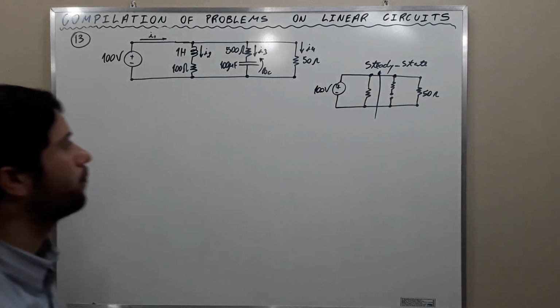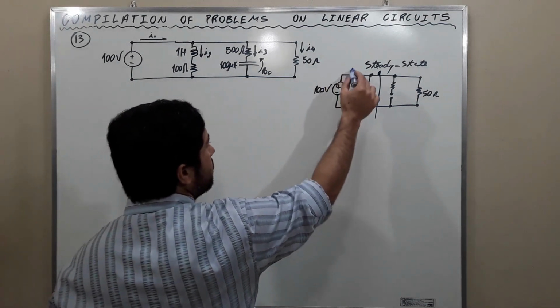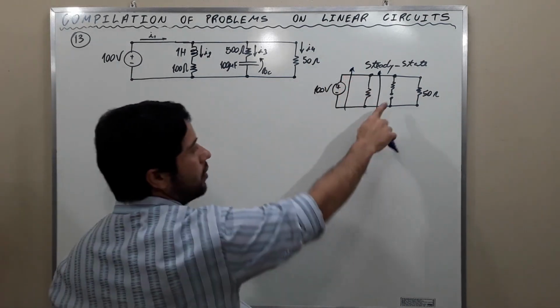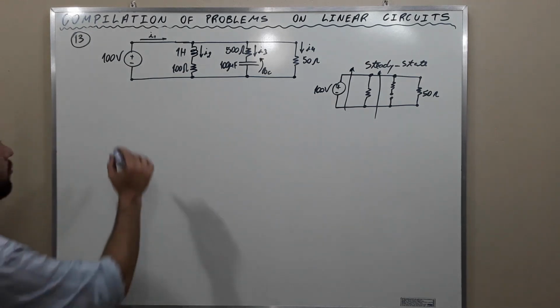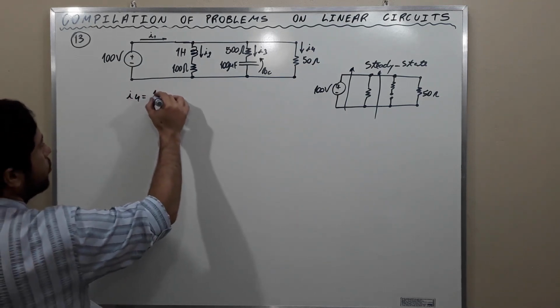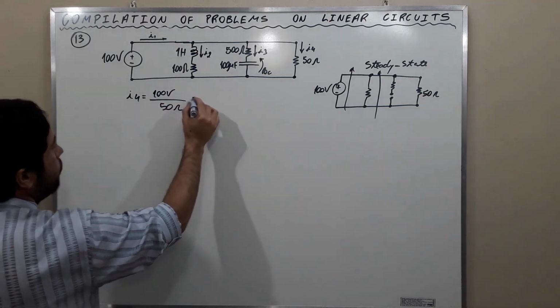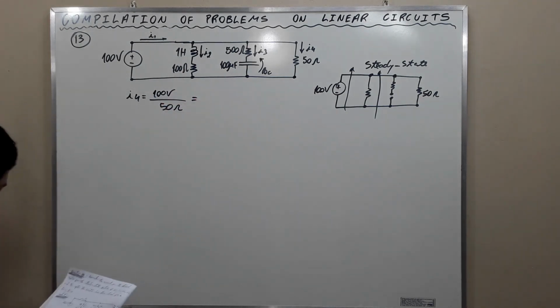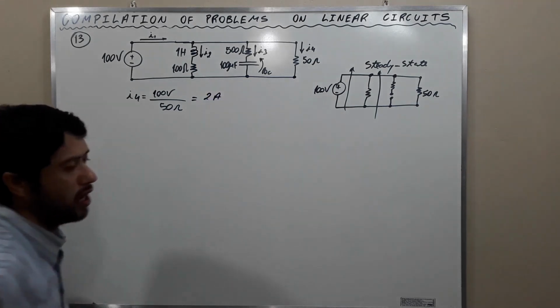It is the same. It is here and it is there. In this way, I4 is going to be equal to 100 volts divided by 50 ohms. And this gives a value of 2 amperes, or if you prefer, 2 amps.